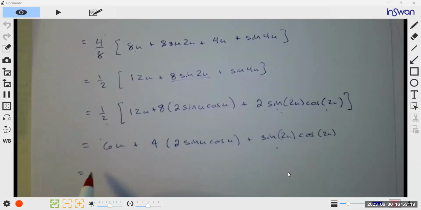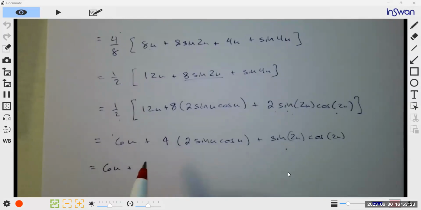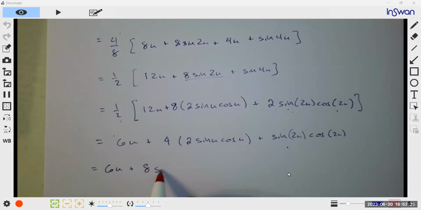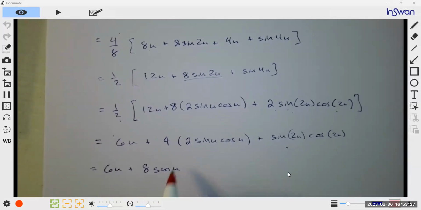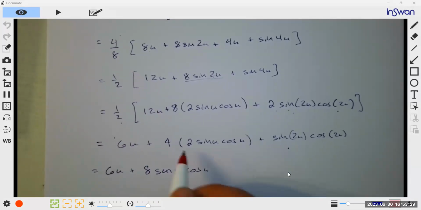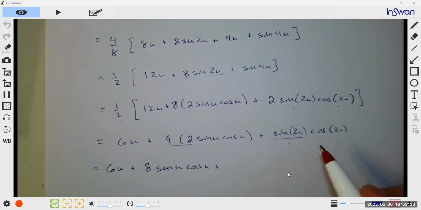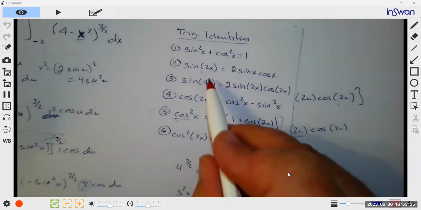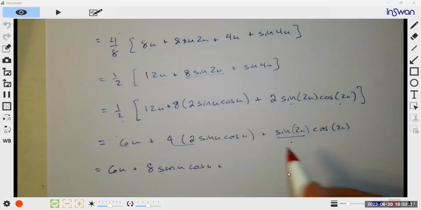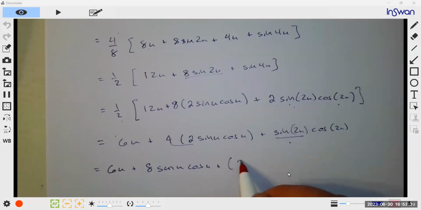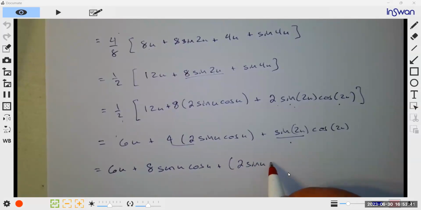Not done yet. So this is 8 sine u cosine u. Multiply those two. Now sine 2u is 2 sine u cosine u.